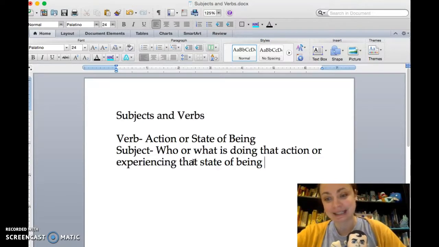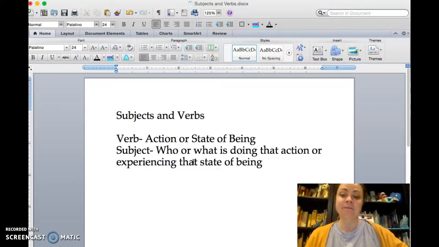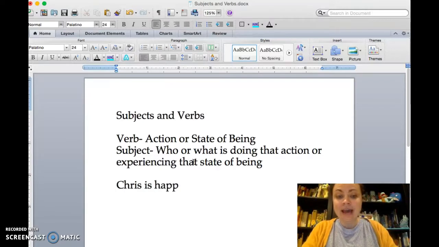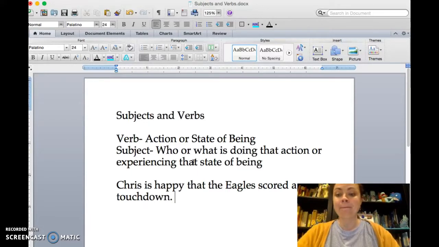So let's do some sentences about my neighbor, whose name is Chris. Chris is happy that the Eagles scored a touchdown. First we want to find the action or the state of being.